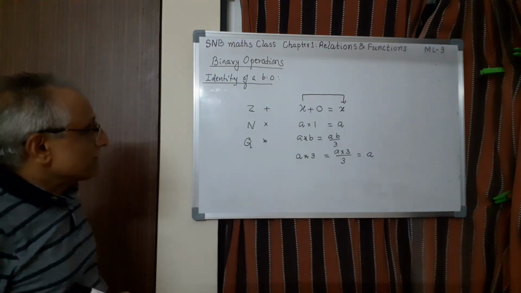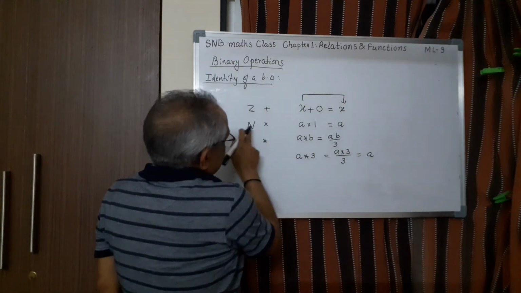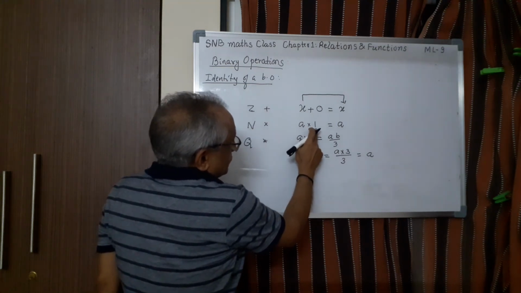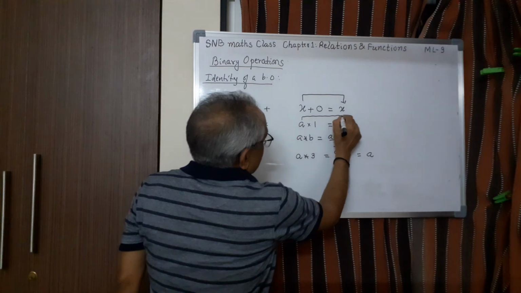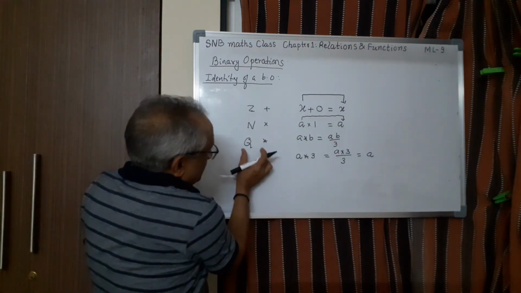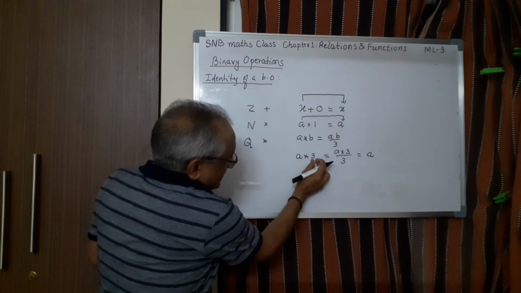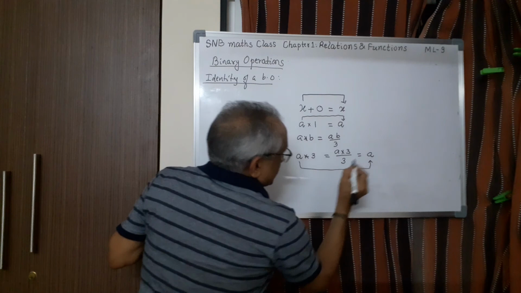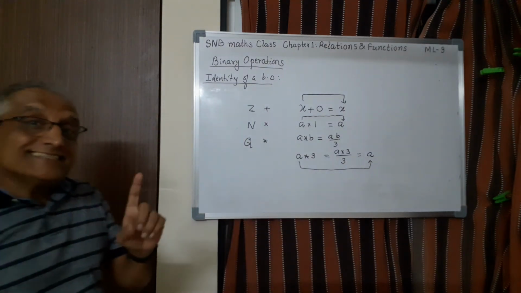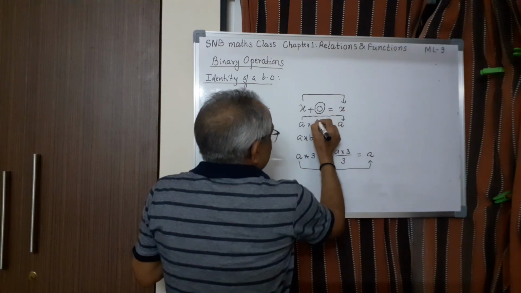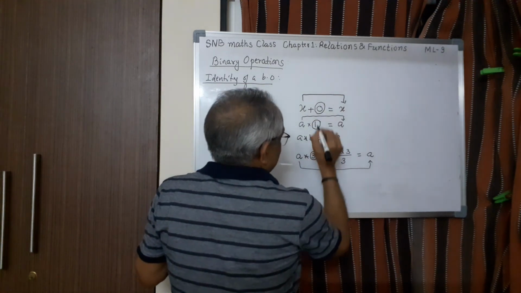Listen carefully. a is an element in N and 1 is also in N such that a into 1 gives you the same element a. Here also, whenever you are operating any element a with 3, you are getting the same element a. So if this is the case, this particular element is called the identity element.